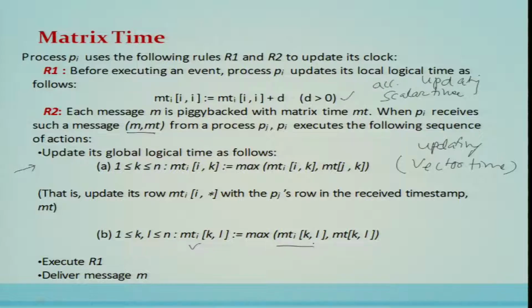For k greater than 1, that means for all other rows, the complete vectors of the rows of other processes are going to be updated as per the information obtained from the message which has sent its matrix timestamp. After doing this update according to rule R2, it will execute R1 and it will deliver the message M.